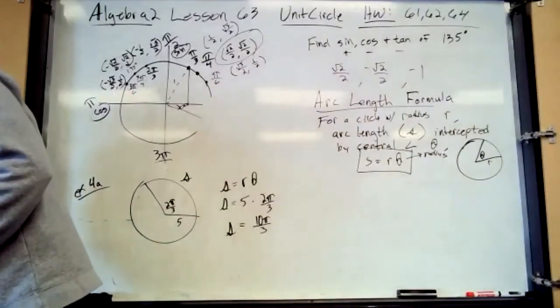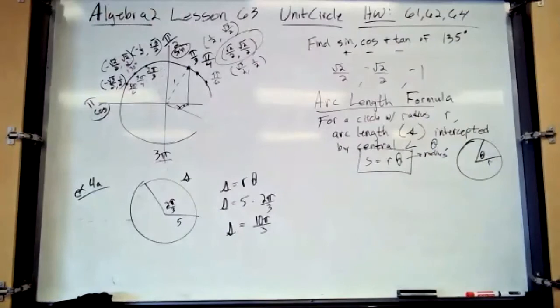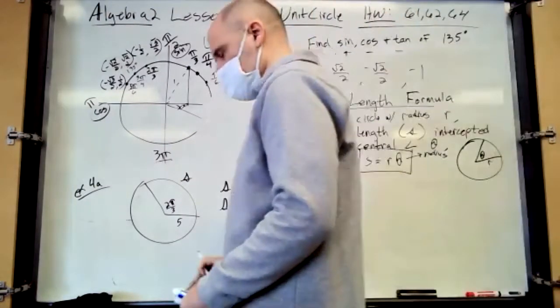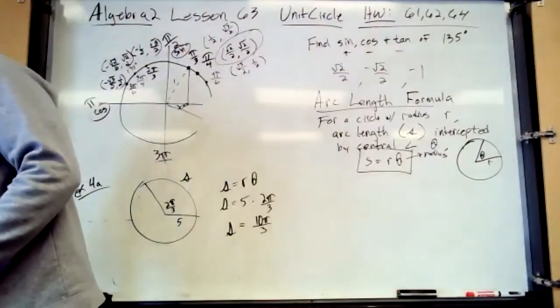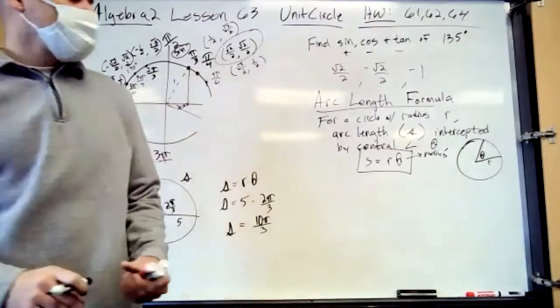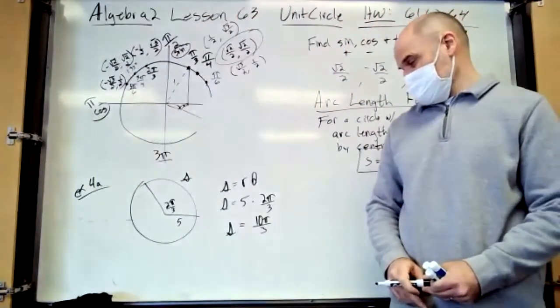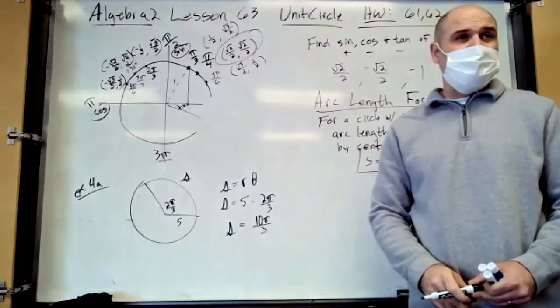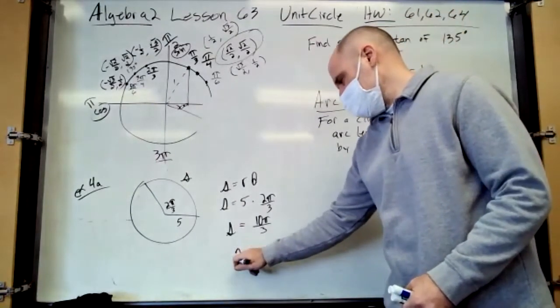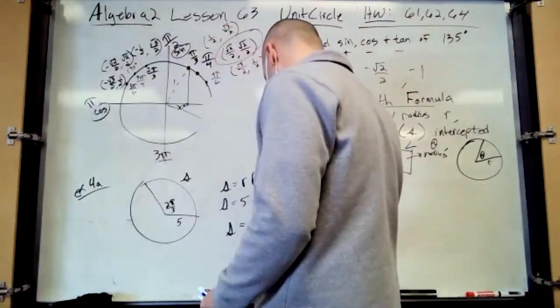All right. Obviously you could get a more exact answer, but this is the most exact answer you can get. Leave pi alone. But if you wanted to approximate it, then use 3.14 and you actually get approximately 10.5 centimeters.